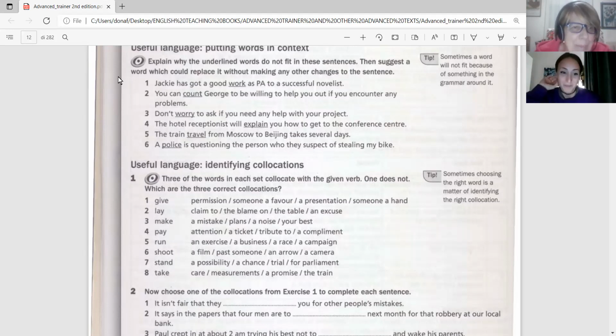Okay. Number 5. The train travel from Moscow to Beijing takes several days. The train went. No, scusami. Instead of travel. So travel is wrong and why?